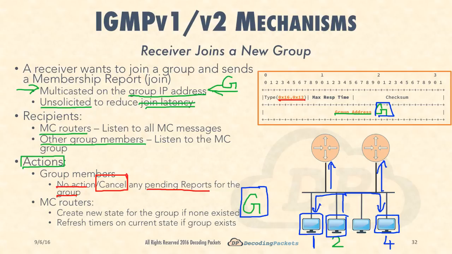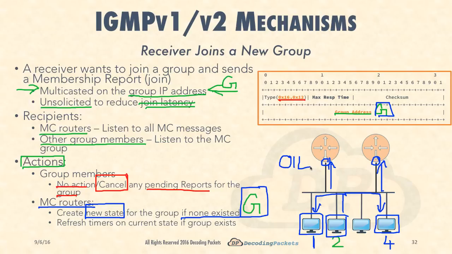But for the multicast routers here, it's much more important. There's more processing that happens. Now, if that state hasn't existed before, it's a brand new group. Suppose 1 and 4 were not joined to it. Then the multicast router will create new state for that group. That new state means that it'll create an actual IGMP state, and these two interfaces would then be added to the OIL.